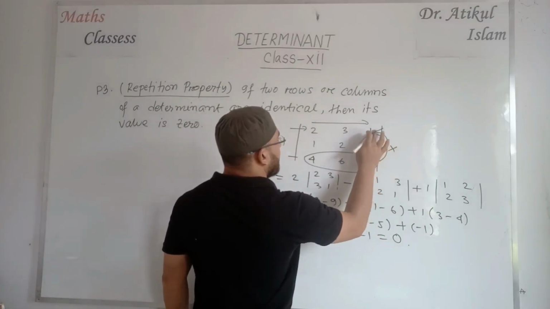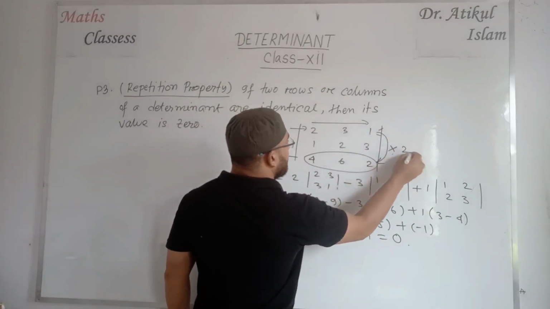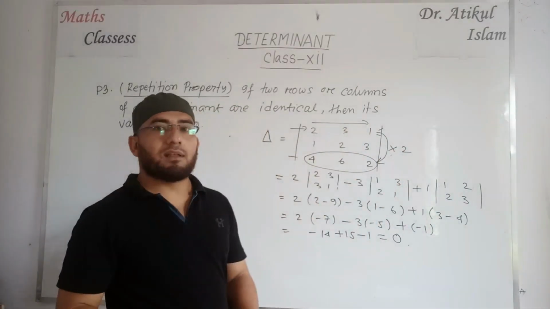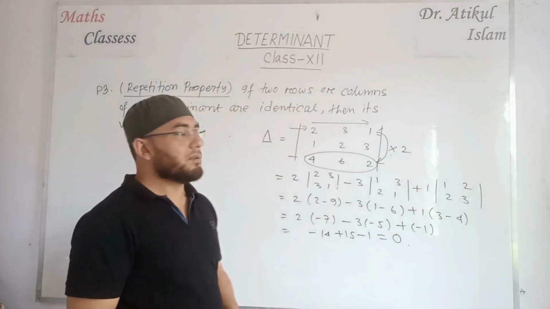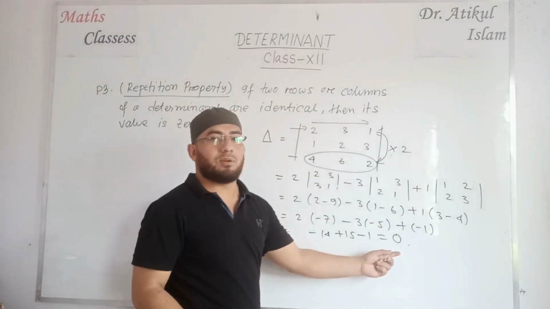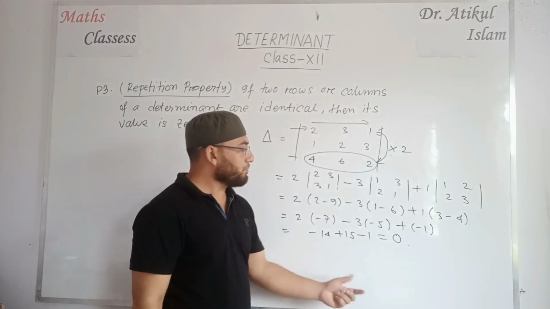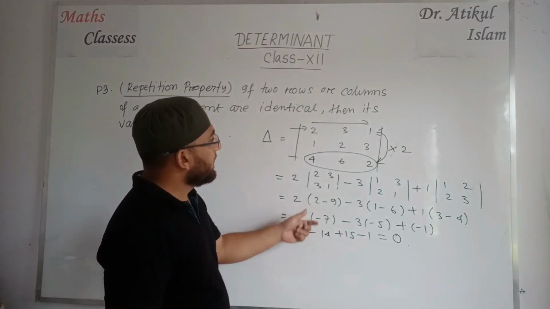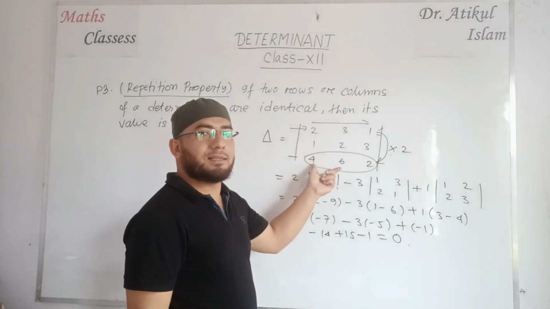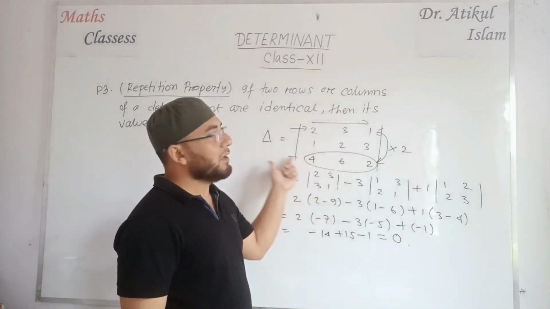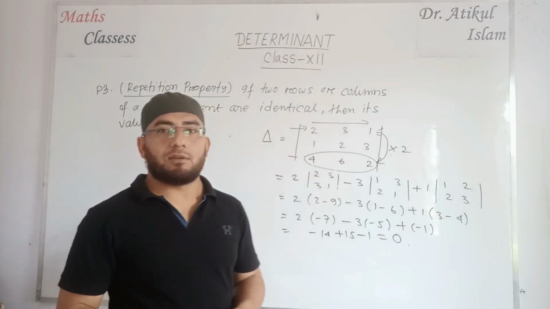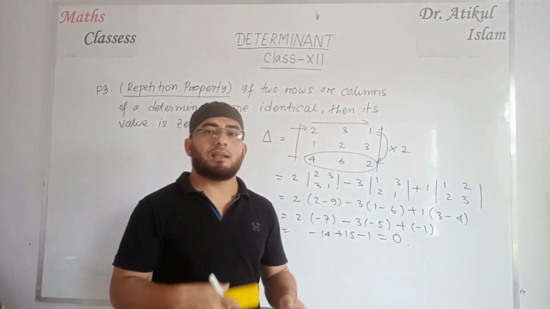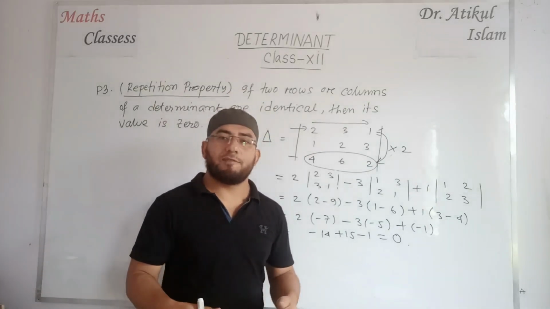Here this is 2 times the first row. In that case, the value of the determinant will again be 0. So this is another important property: whenever any row is a scalar multiple of another row, the value of the determinant is 0. This is the same for columns. That is, if any column is a scalar multiple of another column, the determinant value is 0.